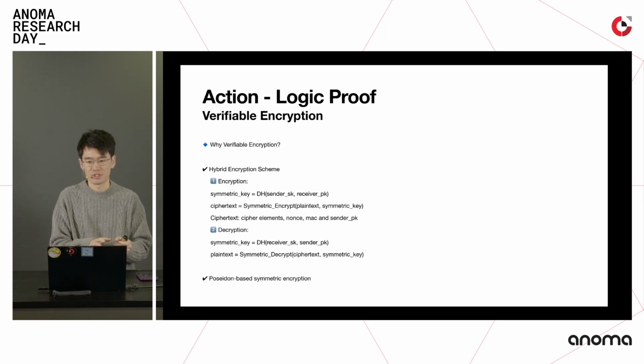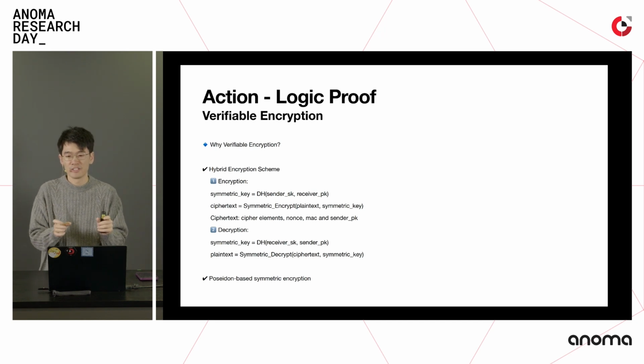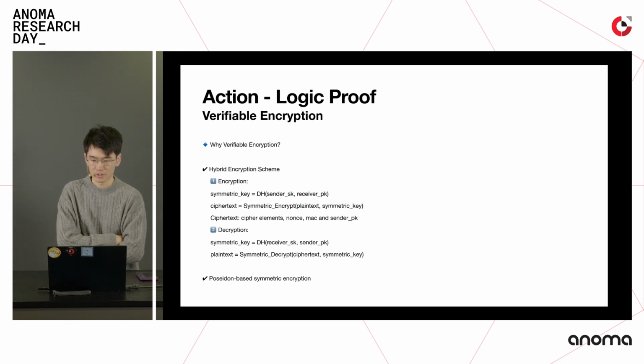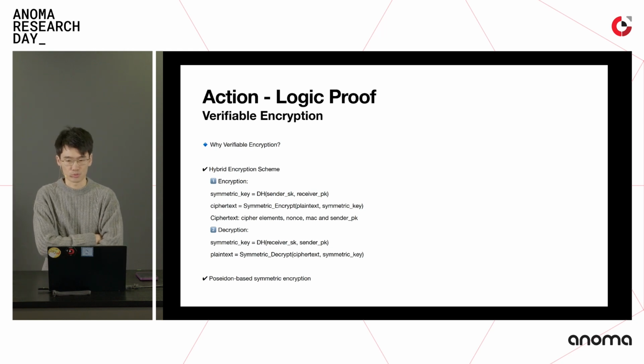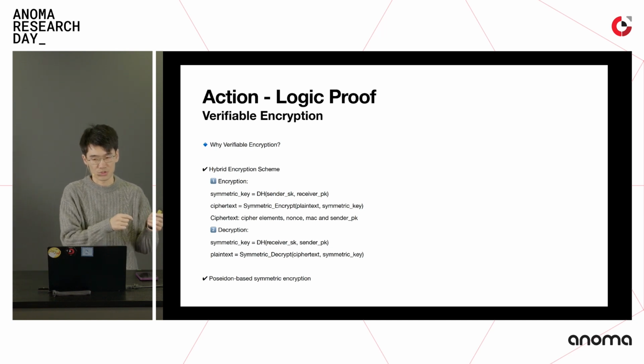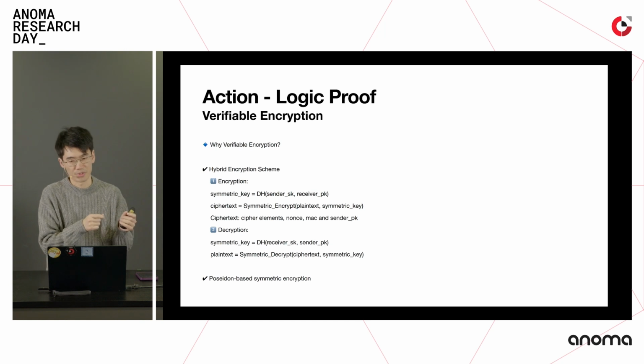Out-of-band encryption means that sender and the receiver need to create a security channel by themselves and share some secrets. That's not what we want. Inbound encryption means the sender is responsible to add the encryption to the transaction so that the receiver can decrypt it. But why verifiable here?